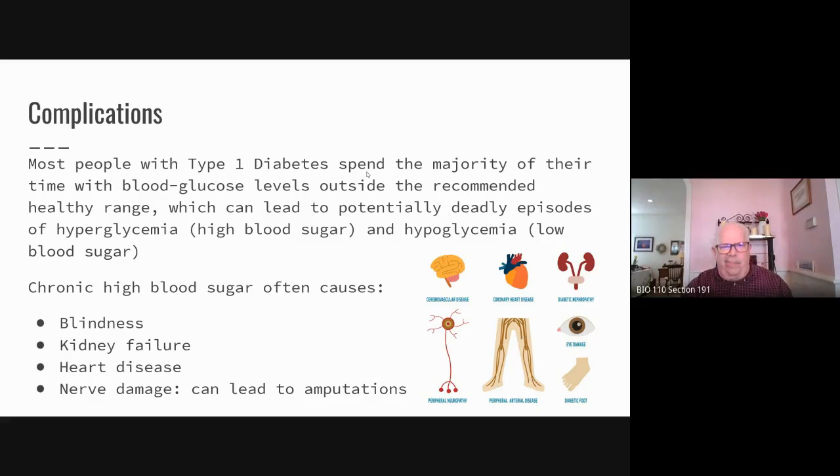All right. Chronic high blood sugar can cause blindness, kidney failure, heart disease, and leg amputations. The number 2 cause of being on dialysis, kidney dialysis, kidney failure, is diabetes. Does anyone know what the number 1 cause of being on dialysis is? What medical disease? You learned about it in the cardiac system.